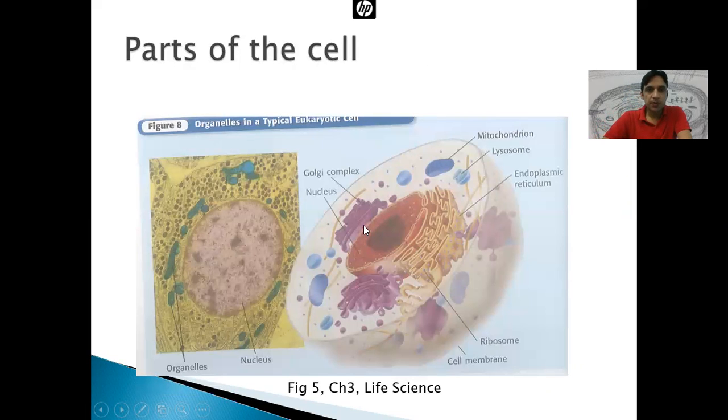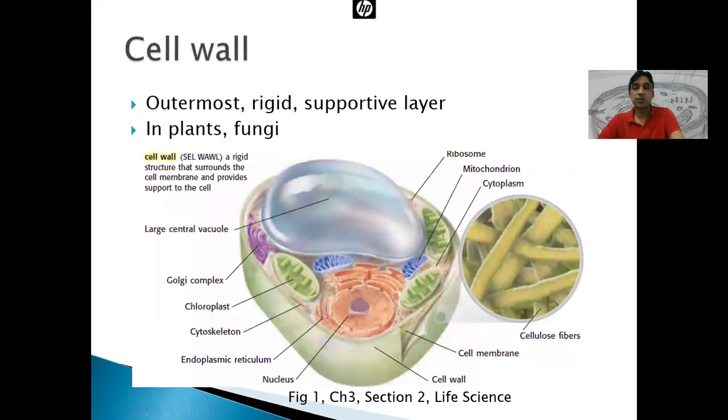Let's start with the different parts of the cells. The first part of the cells we are studying is the cell wall. As I told you, the cell wall is only present in the plant cells and in the fungus. The plural is fungi. And also it is present in bacteria.